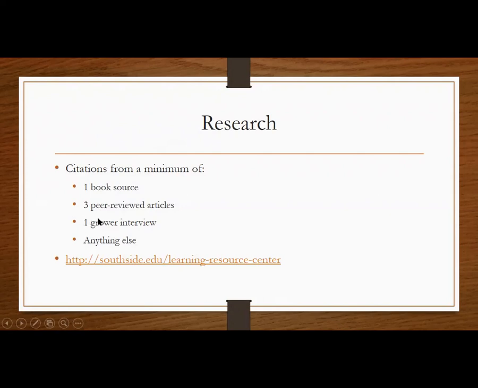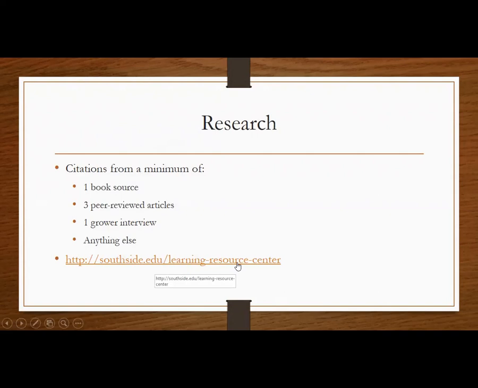One of them could be a grower interview, or another multimedia source like a YouTube video, as long as it's semi-professional. It could be a podcast, a news article, or anything else that you want to use. But we want to make sure that we have some good professional, well-researched documentation of what you're working on here.